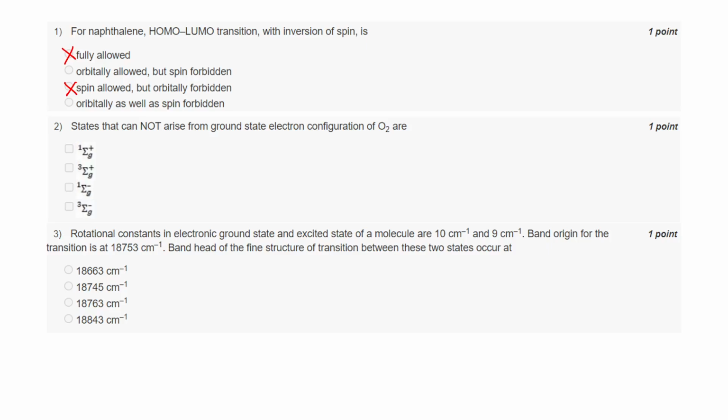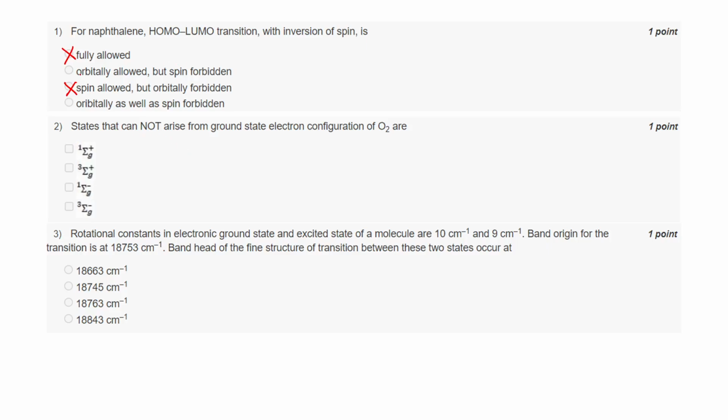I don't think so, but if you actually carry out the naphthalene, maybe you can try it. Did you try to determine what is the point group of naphthalene and all? Orbitally allowed but spin forbidden, right?